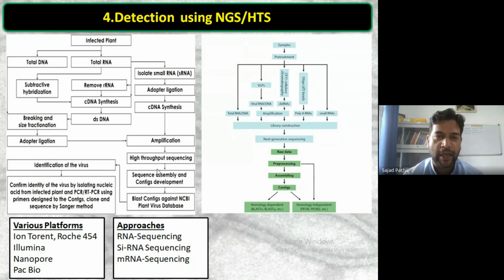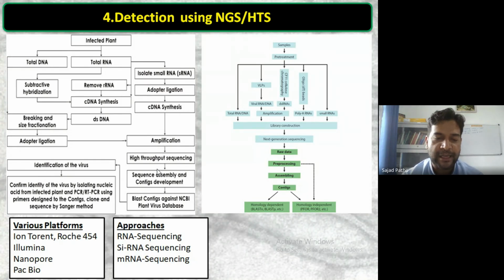But here we have a very robust approach. We don't need any earlier information. We just need the infected sample, and then an approach for the sequencing and identification of the viruses.